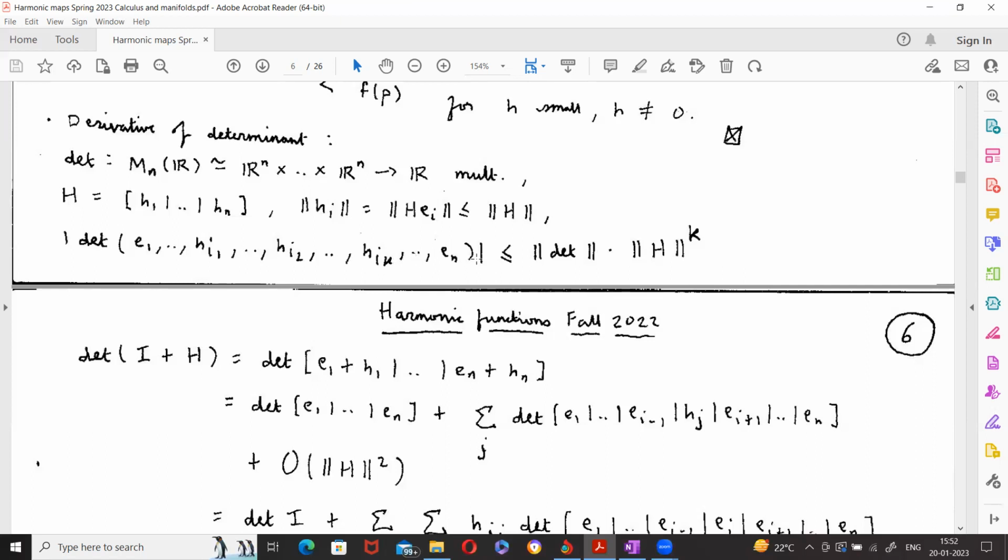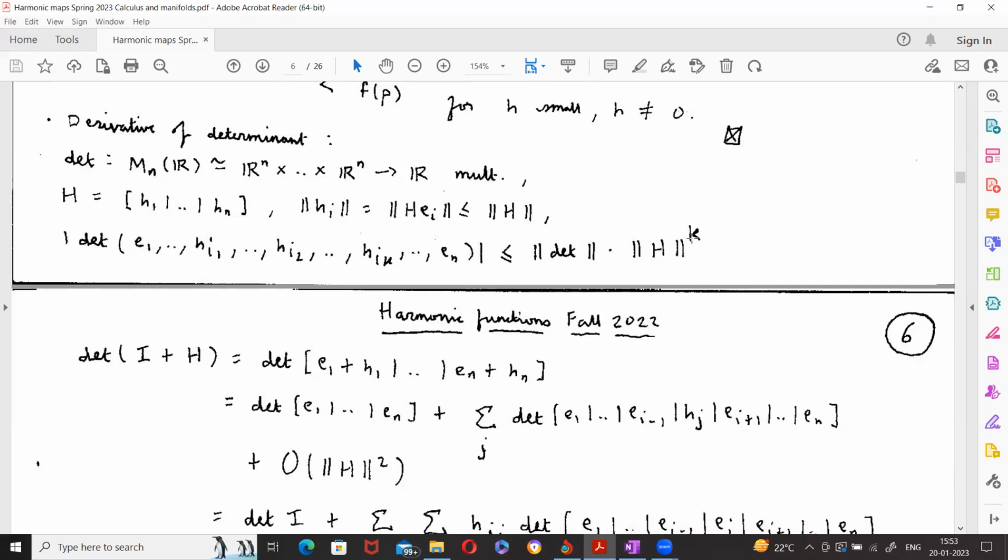So this will be less than the norm of the determinant times norm H to the power k. In other words, if H is a small matrix, then the determinant of a matrix with k columns coming from H will be big O of norm H to the power k.